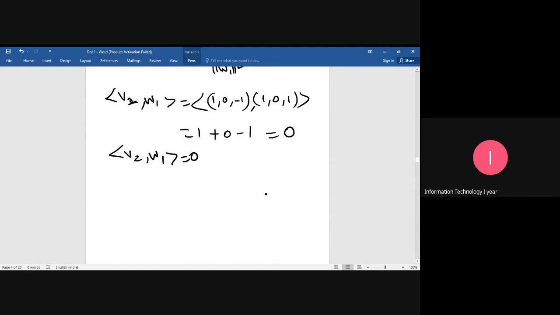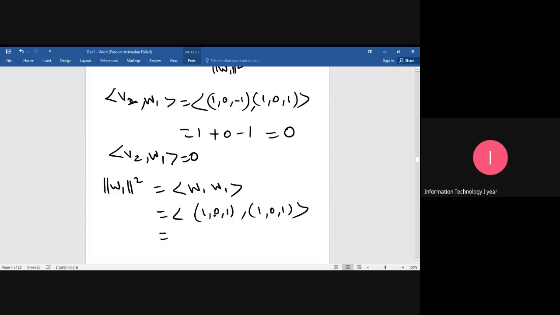Norm W1 square is the inner product of W1 comma W1: 1 comma 0 comma 1 with 1 comma 0 comma 1. That is 1 plus 0 plus 1, which is 2. So norm W1 square equals 2.